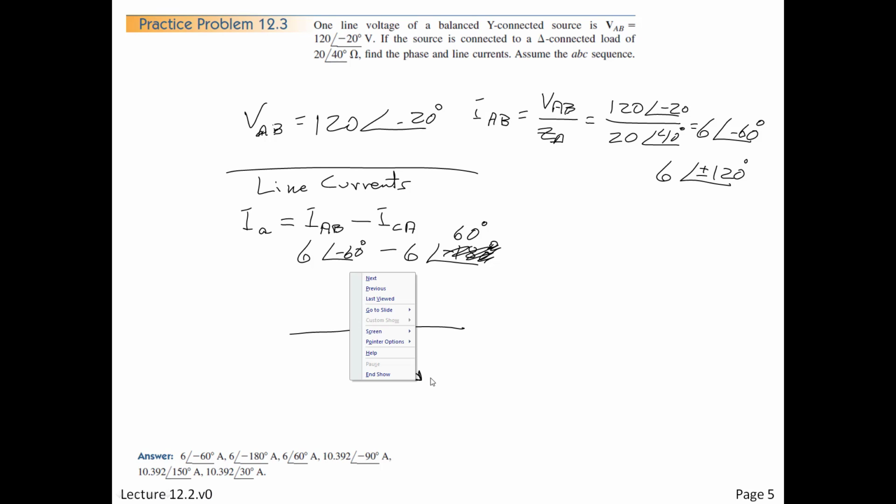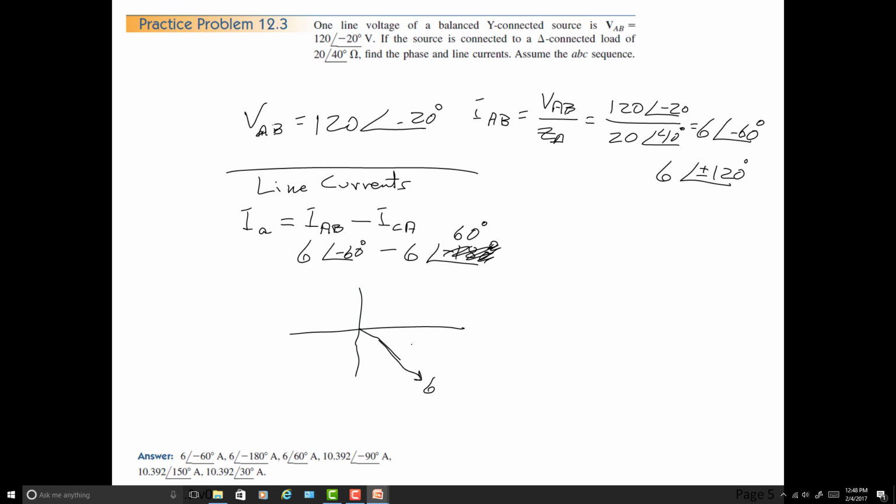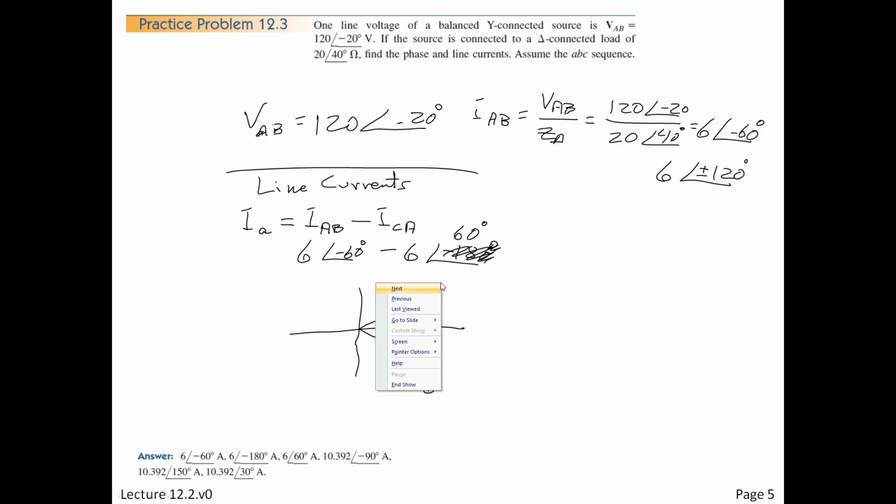Back here. So that's 6. This is 60. And then we're going to subtract 6 at 60. So here's 6 at 60.